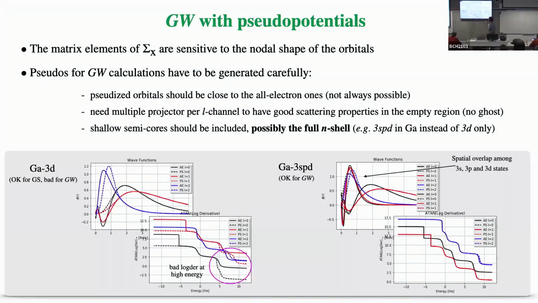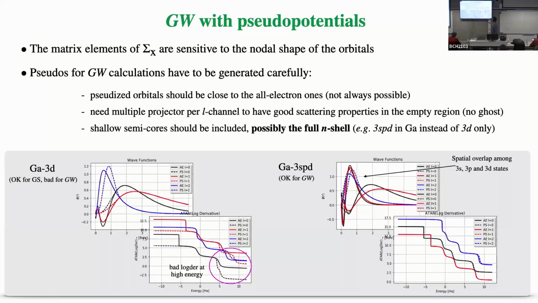These are the 3d states, and then we have 4s in the black curve, and 4p is the red curve. The dashed one is the pseudized wave function, and the solid line is the all-electron. As you can see, the pseudized one is nodeless, whereas the all-electron has two nodes here.